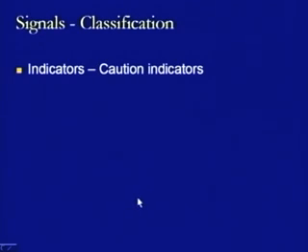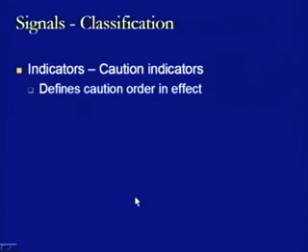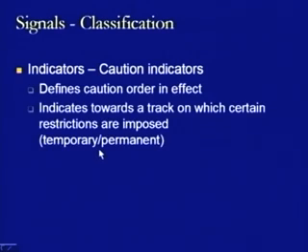Then we have the caution indicators. The caution indicators define the caution order in effect, that is, what type of caution order is being given, whether it is a restricted condition of the speed, in which case we have to restrict it, or if it is something else, then we have to look at that type of caution. But these cautions or restrictions may be temporary or they may be permanent in nature.